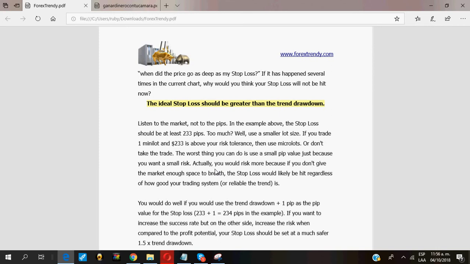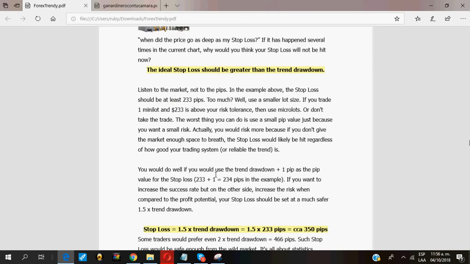You will do well if you use the trend drawdown plus 1 pip as the pip value for the stop loss. In the example, 233 plus 1 equals 234 pips. If you want to increase the success rate but, on the other side, increase the risk when compared to the profit potential, your stop loss should be set at a much safer 1.5 times trend drawdown.